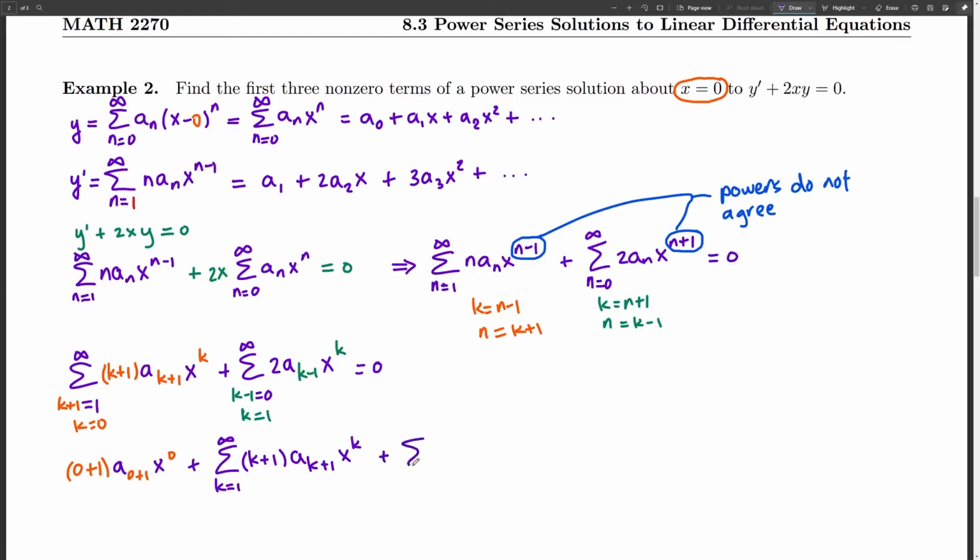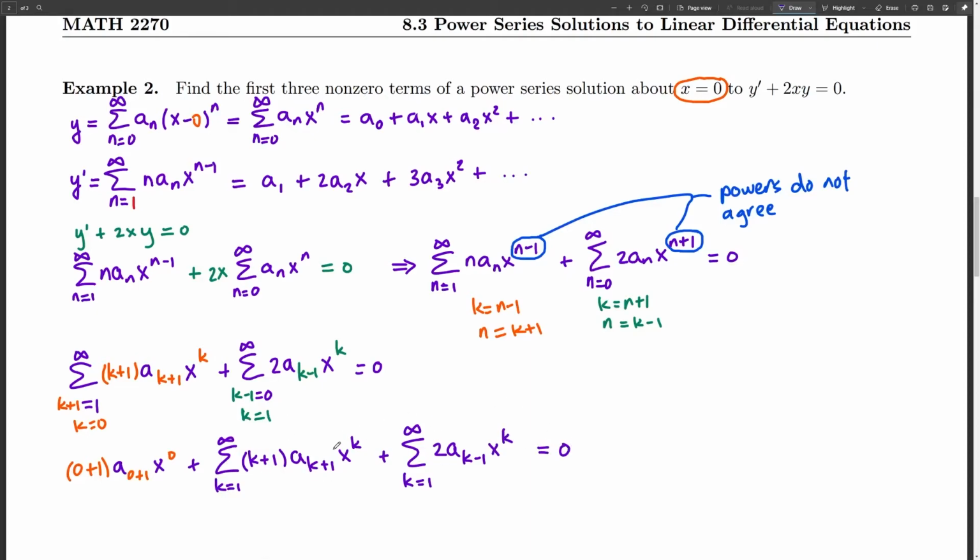And then our second sum is k equals 1 to infinity of 2a sub k minus 1 x to the power k equals 0.